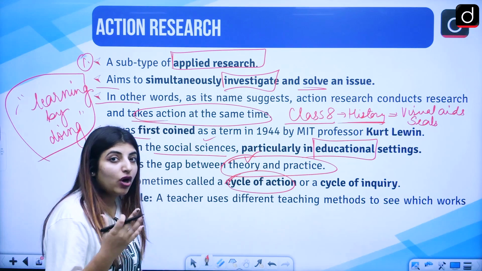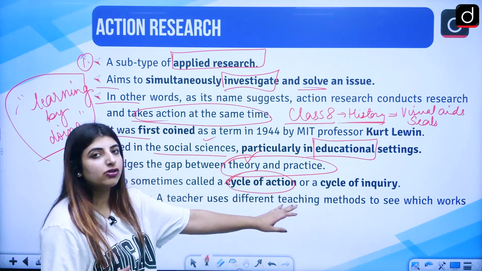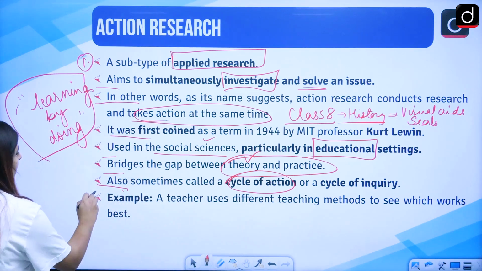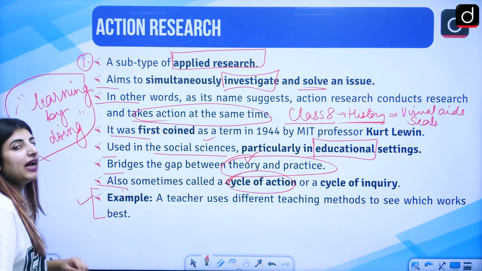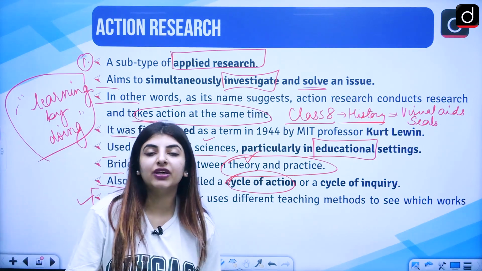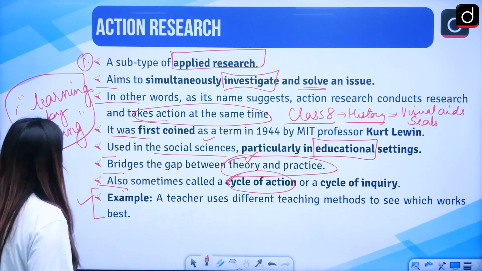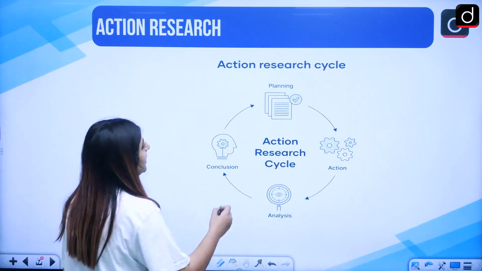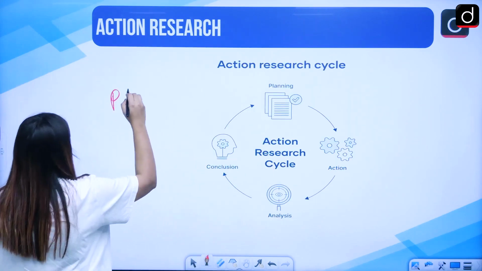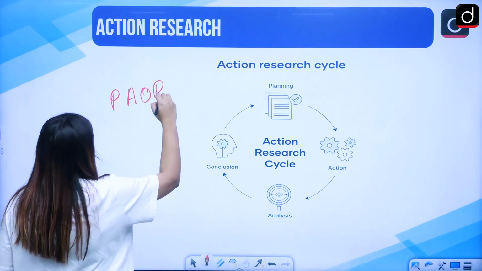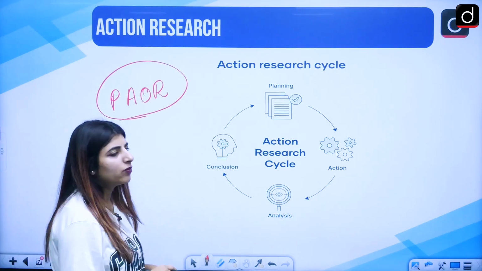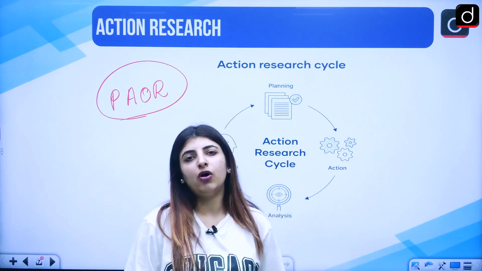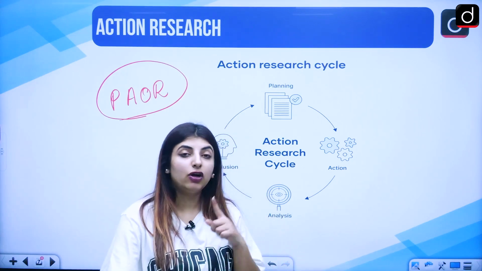Why is it called like that? It is also known as a cycle of inquiry. Through the example, I have already tried to mention it. This has been asked a lot of times in the NET examination: what is the usual cycle of action research?